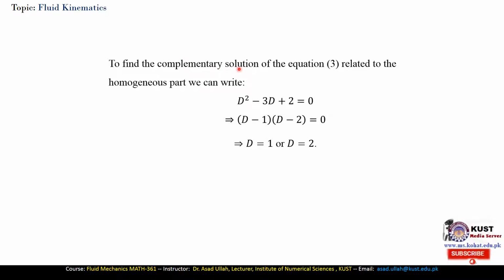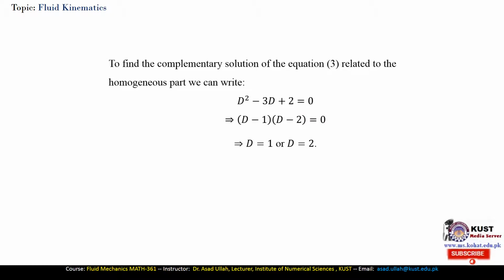So for the complementary solution, we take the homogeneous part, that is D squared minus 3D plus 2 equals 0. This is a simple polynomial of degree 2. Using factorization, we get (D minus 1) times (D minus 2) equals 0, and this implies that D equals 1 or D equals 2 are the two roots of this second order polynomial.